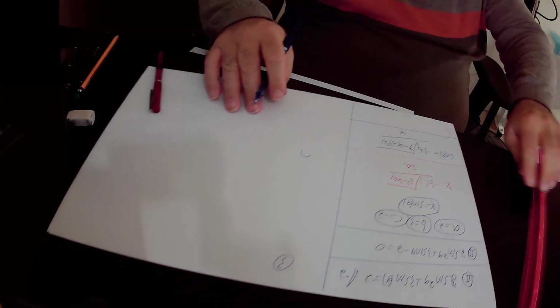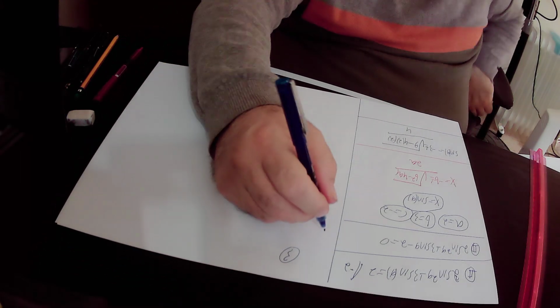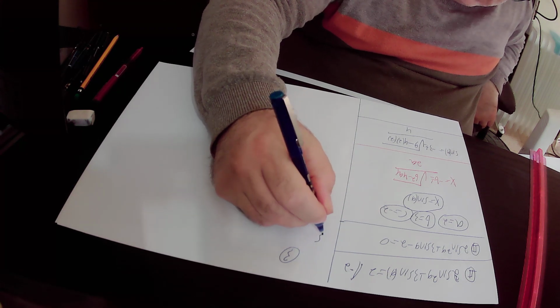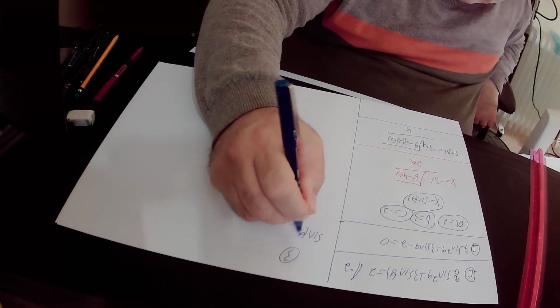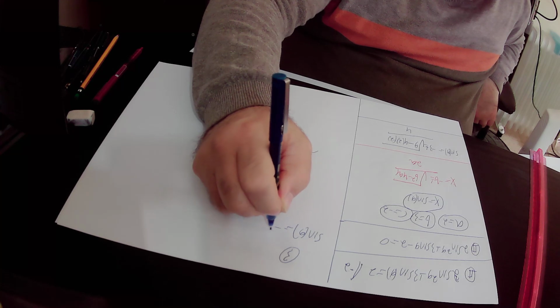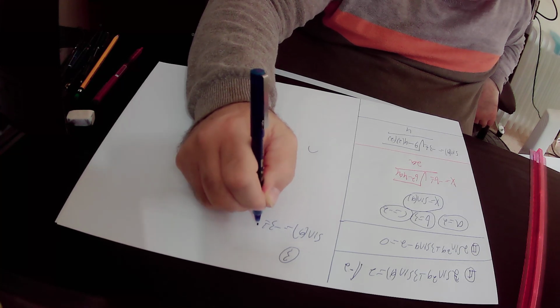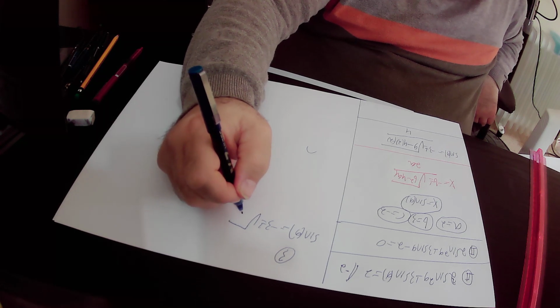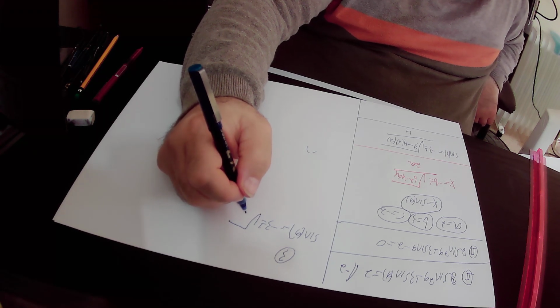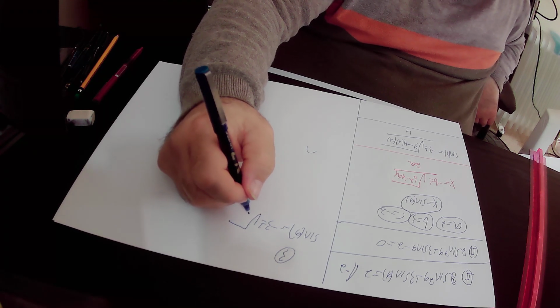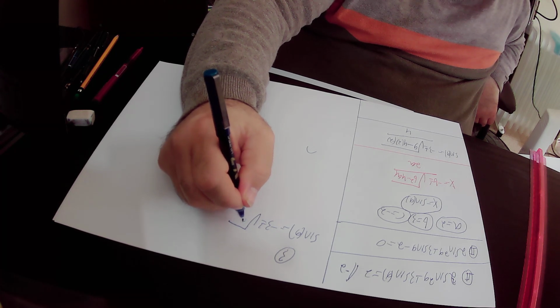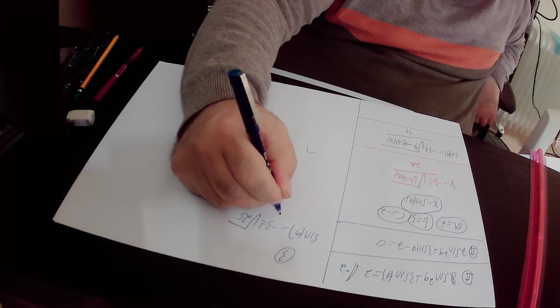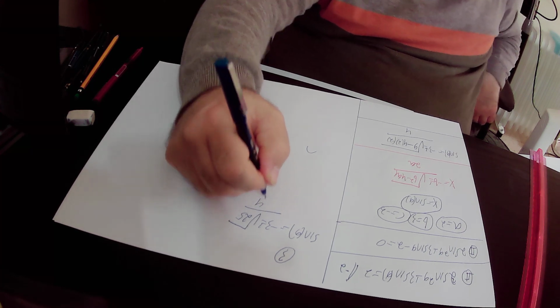So we actually found out that sine alpha equals minus 3 plus minus square root of minus 4 times 2 is minus 8, and minus 8 times minus 2 is plus 16, and 16 plus 9 is 25. So inside the root we are left only with 25 over 4.